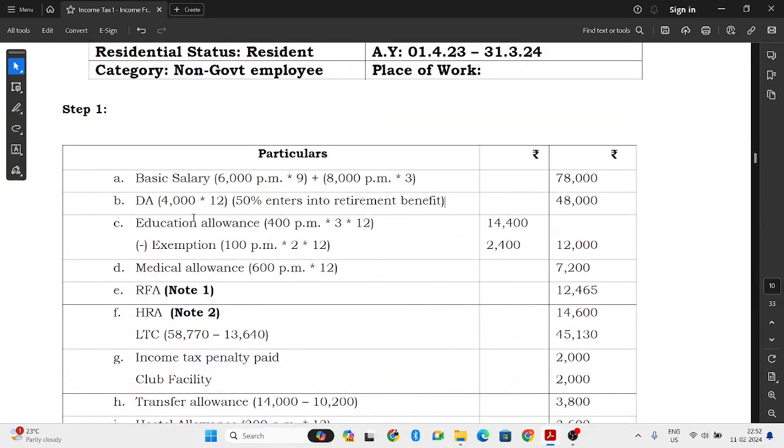So total the company gave him 400 per month into 3 children for 12 months, that is 14,400. But you will get the exemption according to IT law, that is 100 rupees for 2 children and 12 months. So 2,400 exemption will be given. Remaining taxable educational allowance is 12,000.